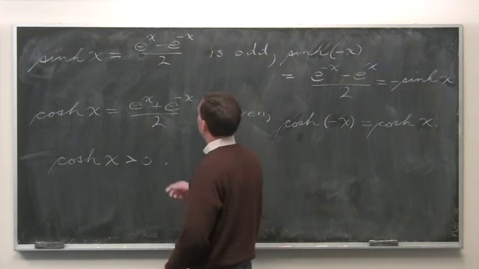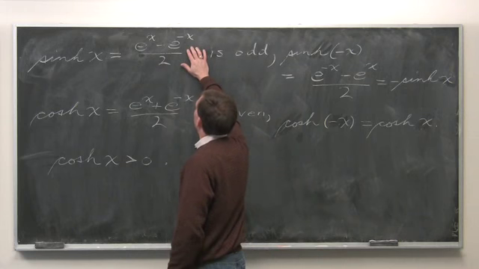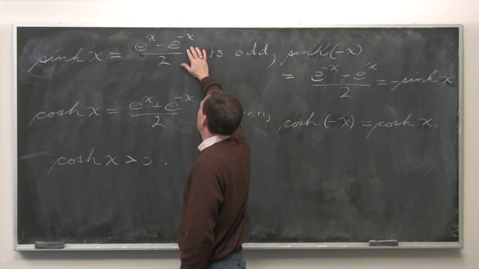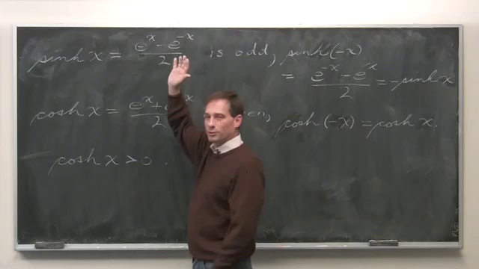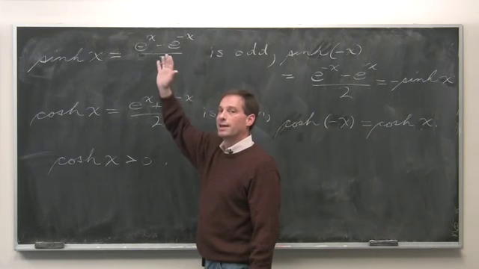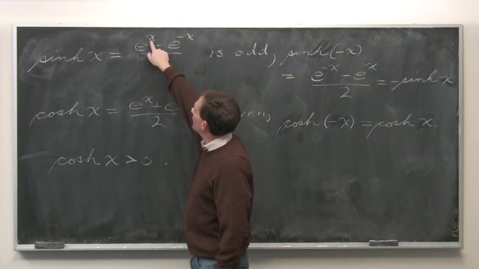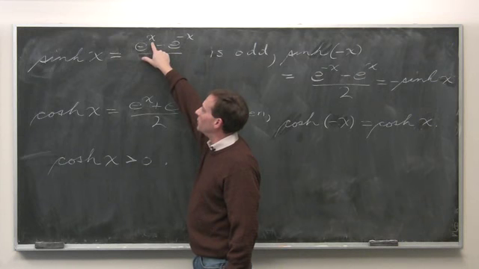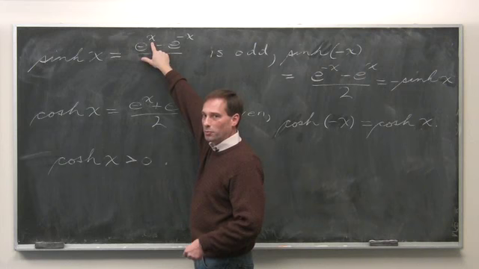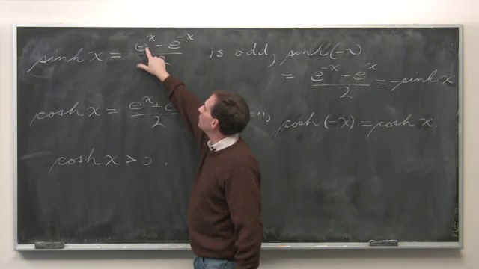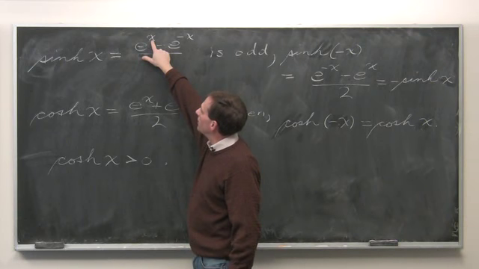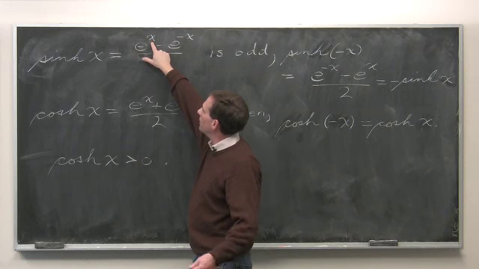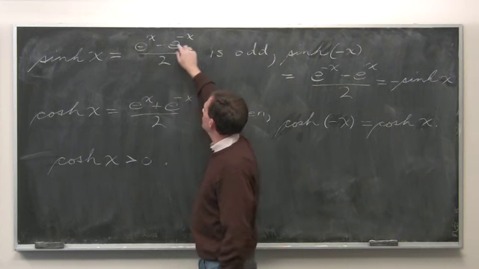If you take x to be negative, you can do this in your head. If x is negative and large, e to a negative large number is 1 over e to a large positive number, so this part is very close to 0.